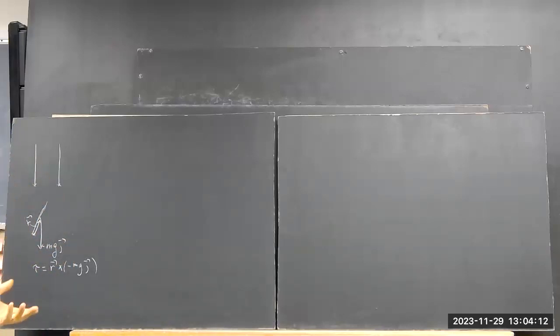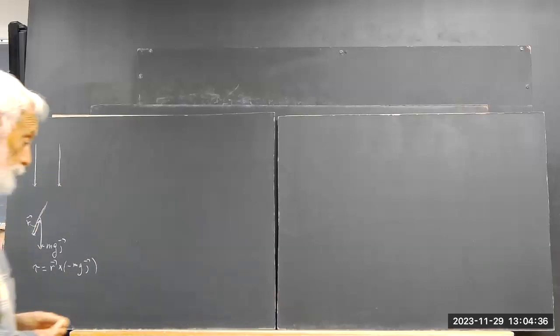I'm not telling you everything because I just want you to think about the idea. We see that the cross product is going to increase as the angle approaches horizontal, because the cross product has magnitude of r times the magnitude of the force times the sine of this angle. The sine of that angle will be increasing.